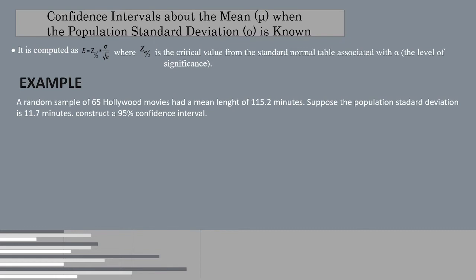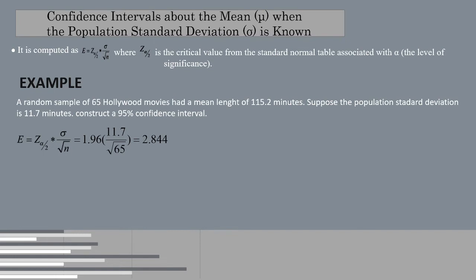We all know that our formula is E equals Z, the critical value, times sigma over square root of n. Like I said, 95% is equivalent to 1.96 as the critical value.